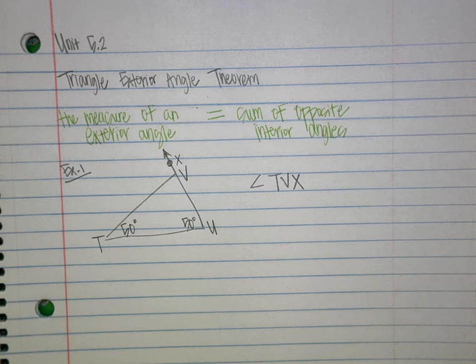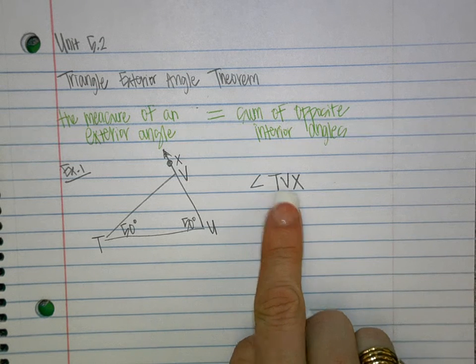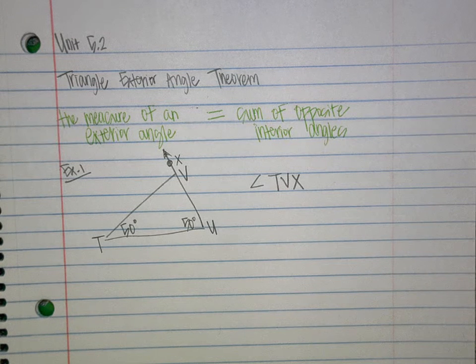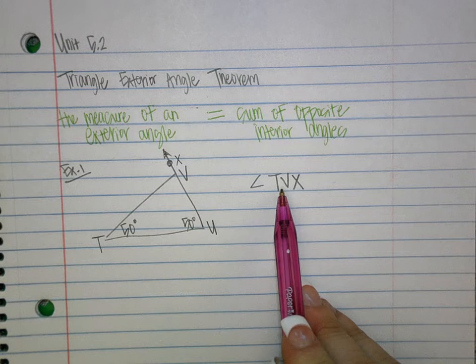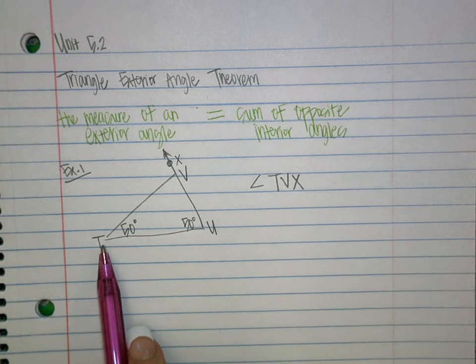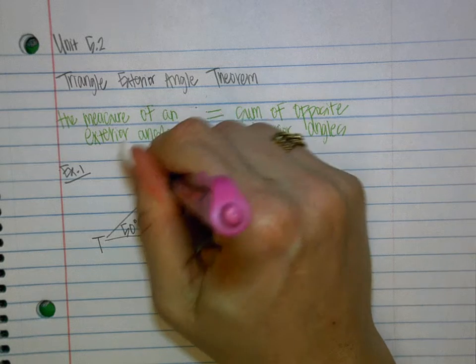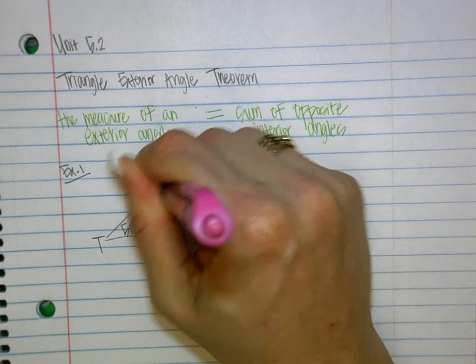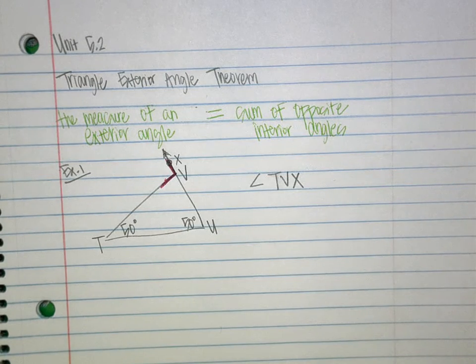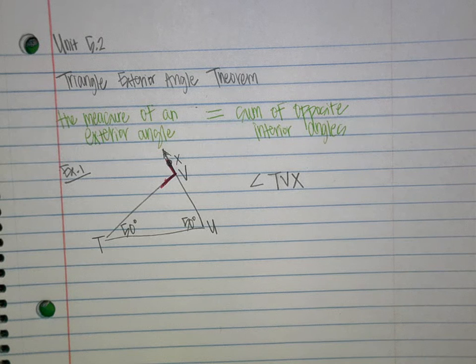But when we first start, it looks weird. So angle TVX, to find which angle that is, you literally just follow the alphabet. You start at T, go to V, and X. So it's this angle right here. If you have a highlighter or a different color, use it so you're clear on what we're finding here.